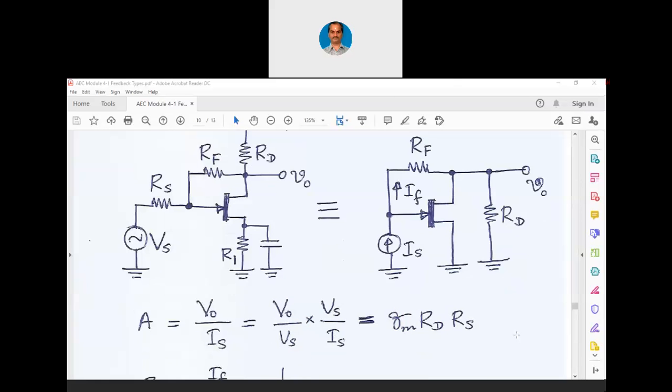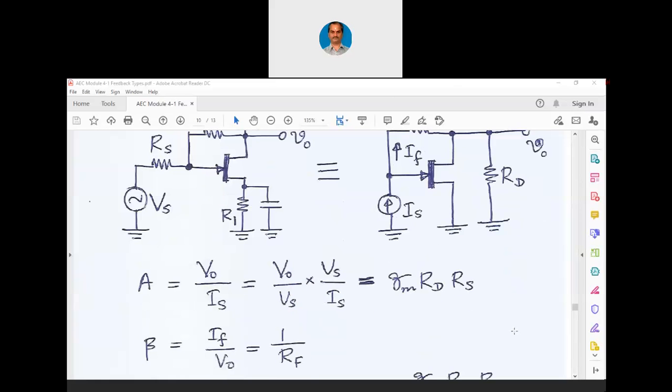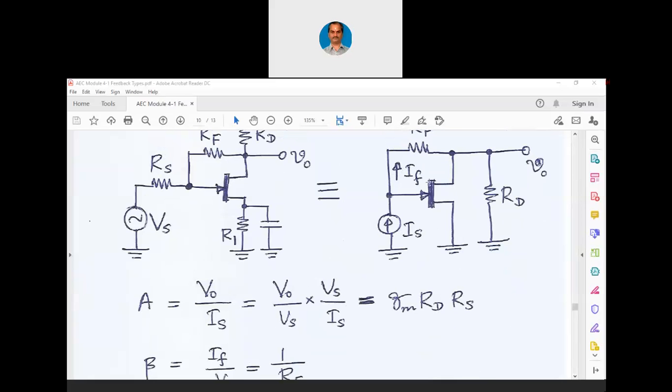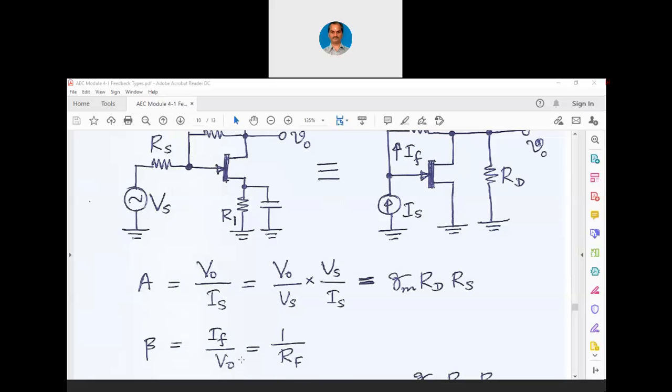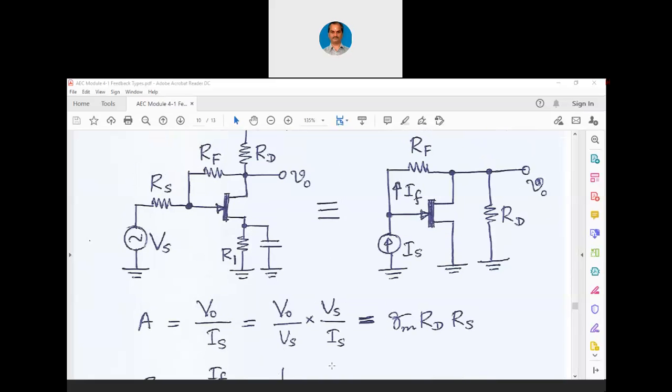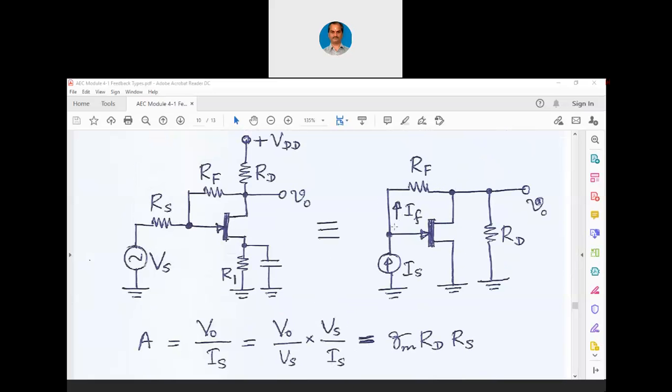Now let us see the closed loop gain. What is beta here? Beta is If by V0. It's the fraction of the output coming back to input, but input is current here now. That If by V0 can be easily approximated to 1 over Rf, because you can see in the equivalent circuit that one side there is V0, this side there is If.